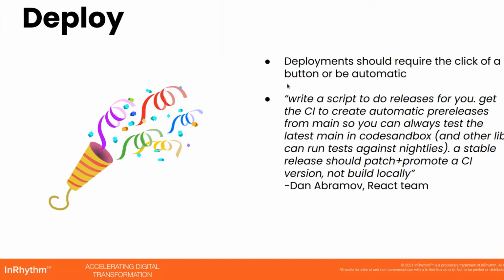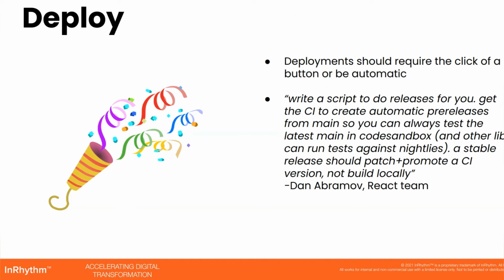A deployment is when things are getting to production. So taking one of those releases and promoting it to production. And to quote Dan Abramov, write a script to do your releases for you. So he uses the term releases here. We can replace that with deployments. So write a script to do your deployments for you.